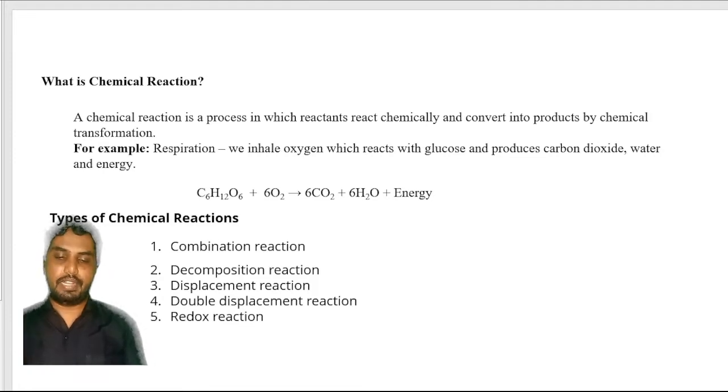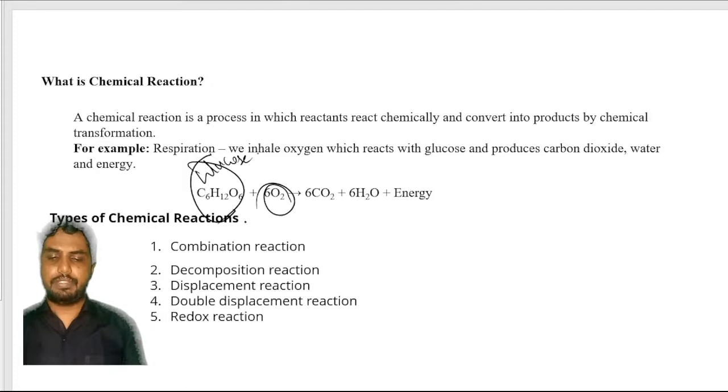reactions involved. Here we have taken a live example of a chemical reaction, that is respiration. You can see C6H12O6. What is the common name of C6H12O6? I hope it is glucose, right? This is happening in our human body.